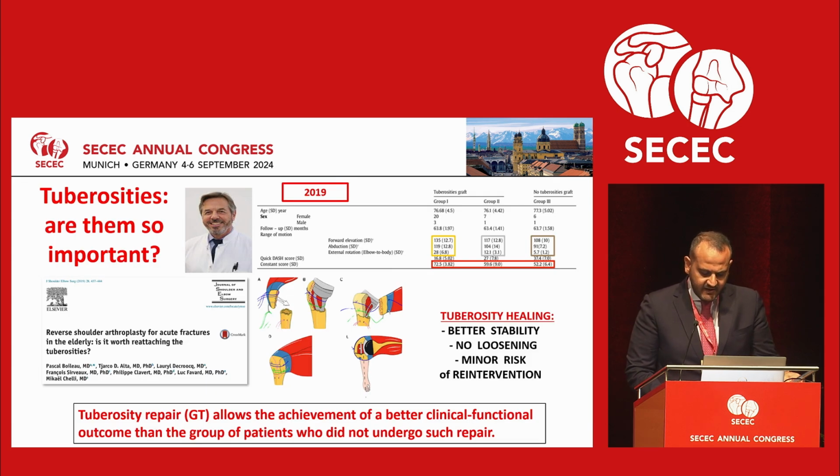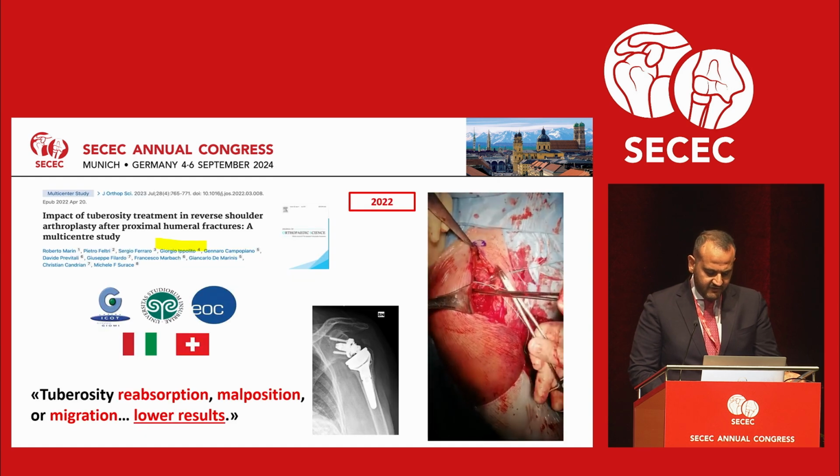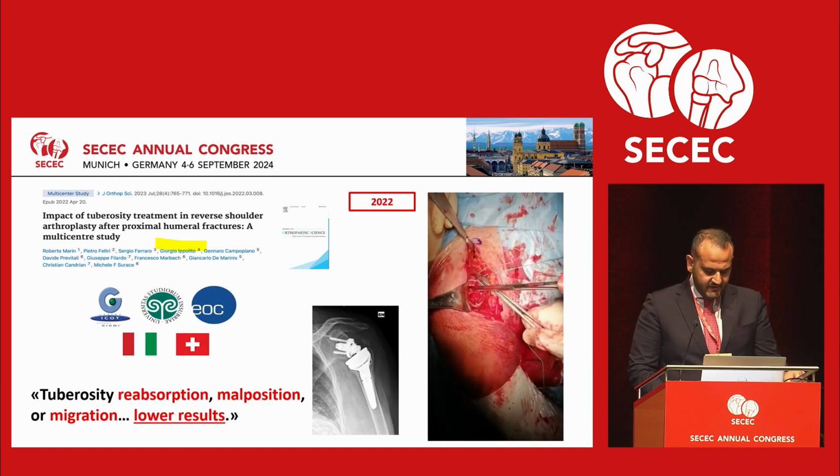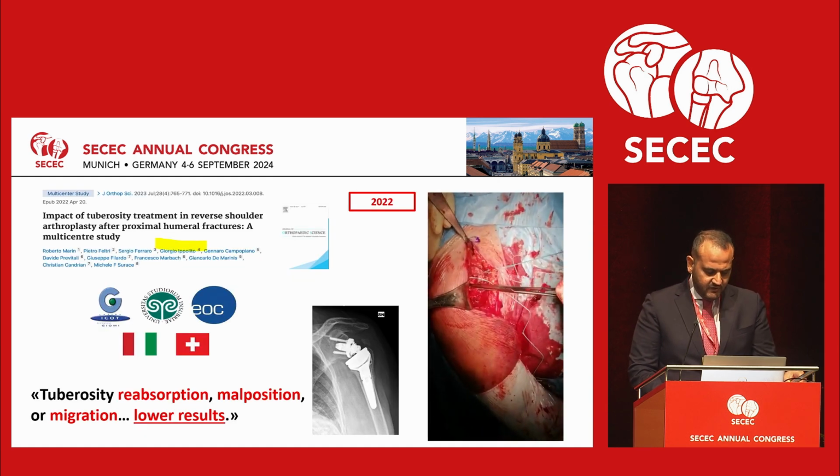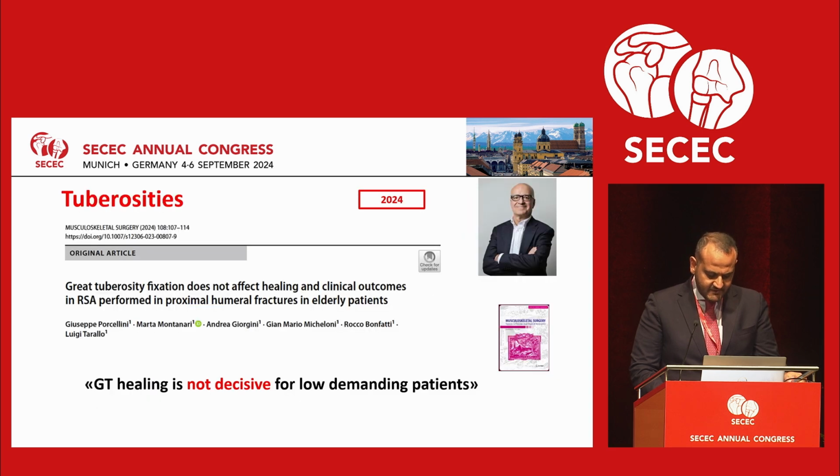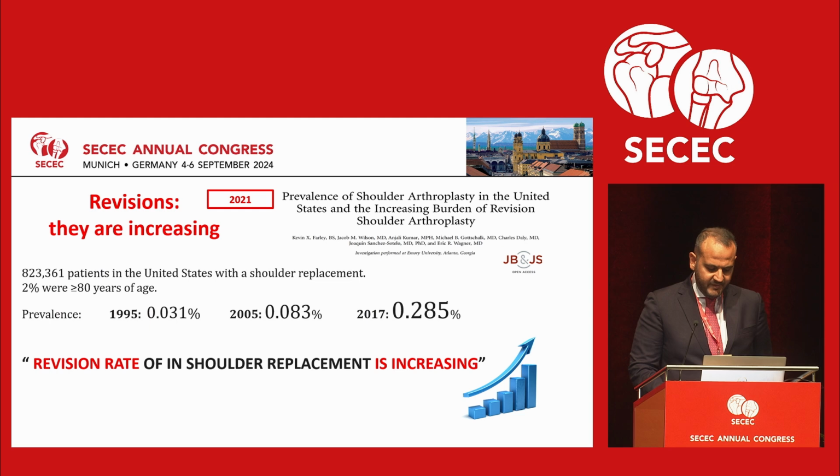Tuberosity healing gives better stability, no loosening, and lower risk of reoperation. In our study, tuberosity resorption gave lower results. But on the contrary, Giuseppe Porcellini published a paper showing that tuberosity healing is not decisive for low-demanding patients.